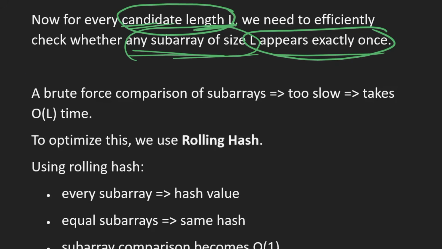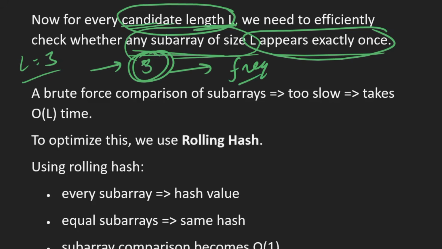Let's say L is equal to 3. That means we take all subarrays whose size is 3, and then we check their frequencies, and take the subarray whose frequency is 1.